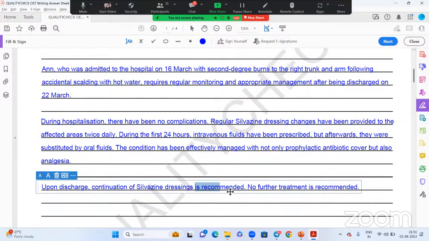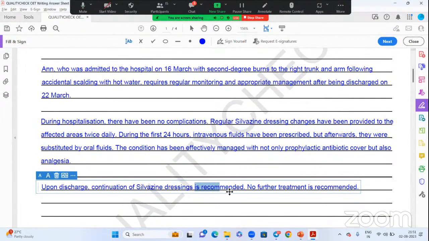That is what actually is. So continuation is recommended. Silvazines are already recommended, so continuation is recommended now. Don't think that silvazine dressings are recommended here. Silvazine dressings which were already recommended should be continued. That's the meaning here. Continuation is important.